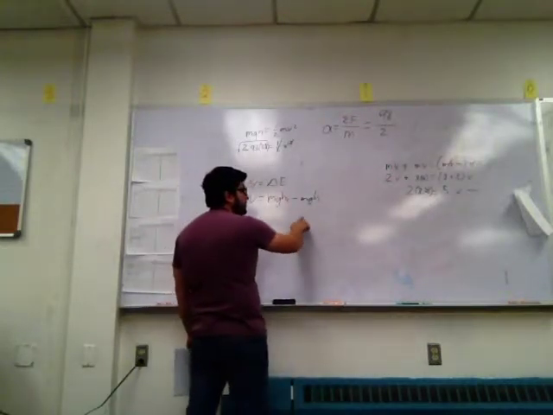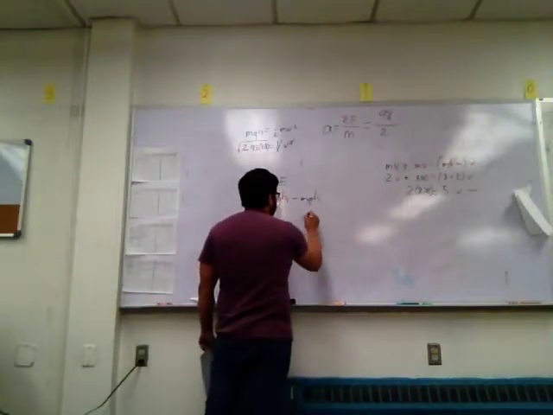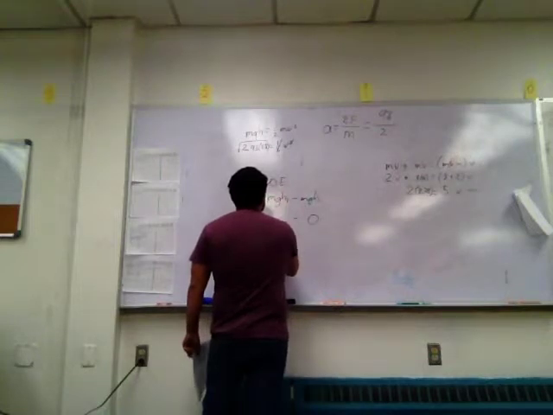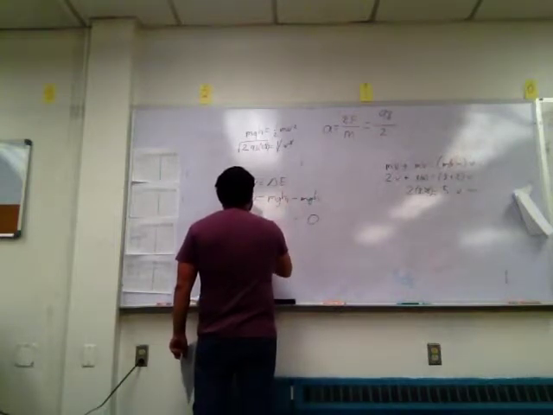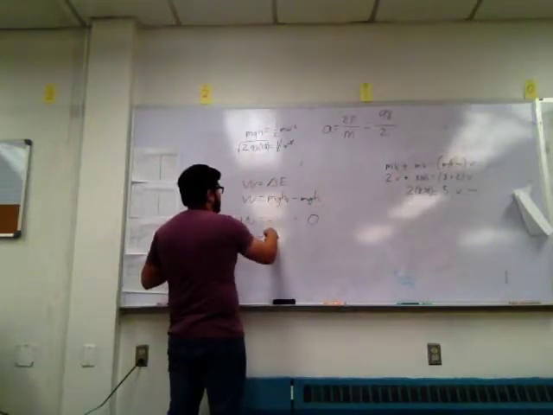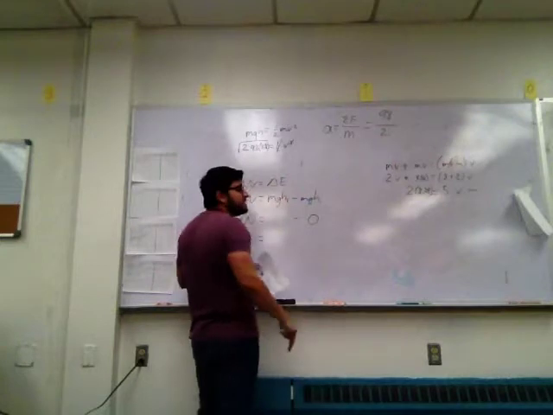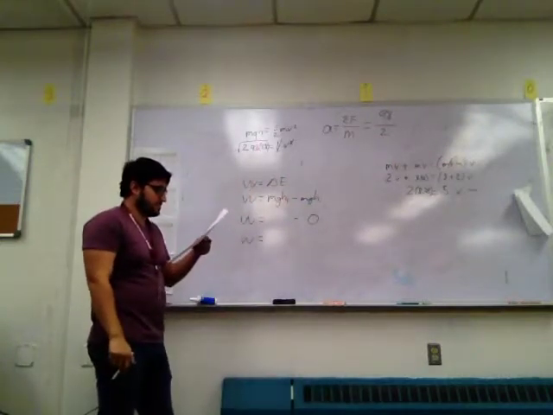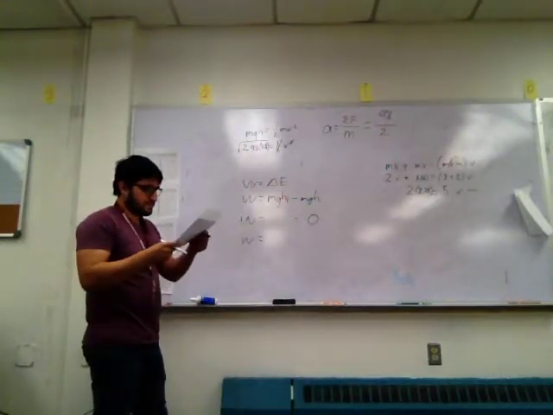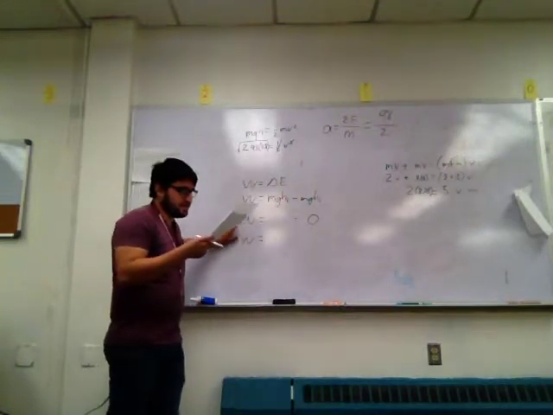So what was the initial potential energy for both of them? 0. So let's see which one did more work. They both have the same m's, right? They both have the same g. Which one had a bigger h? They both have the same h. So they both did the same amount of work. That's why the answer is D.